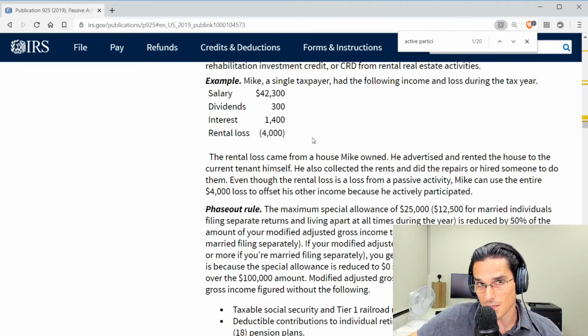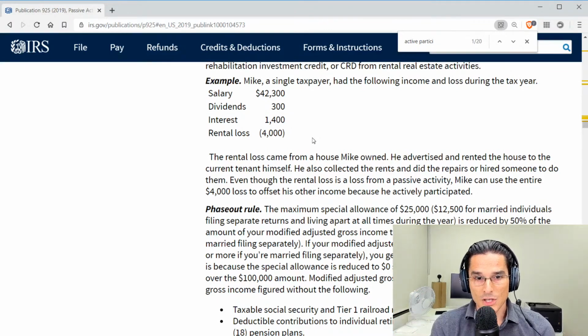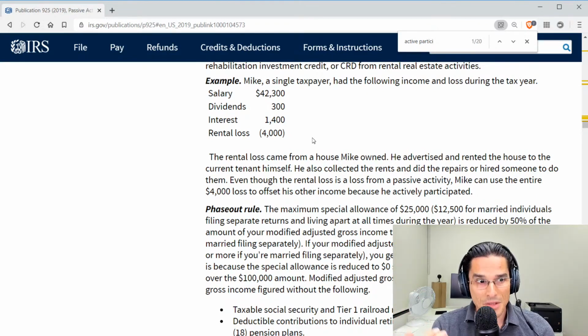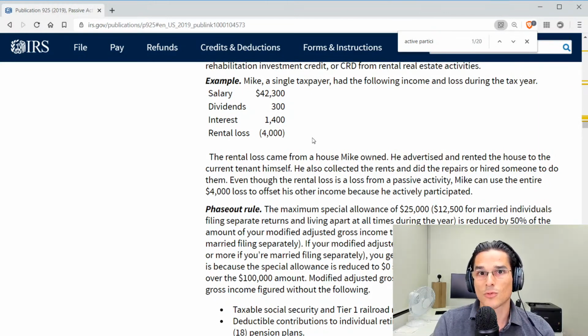Same with the rental losses. It's still passive. And in general, you can't deduct passive losses against non-passive income. But there is that sort of mom and pop provision in the tax code that says if you actively participate, you can deduct up to $25,000 of losses from passive activities against your non-passive income.